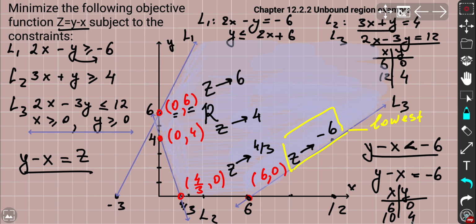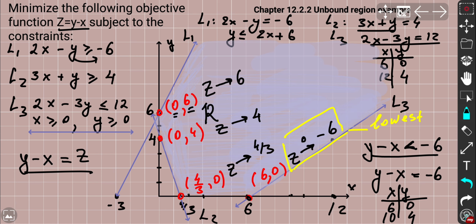Okay, so we've got 2 points. That's the first point, 6 and 0. And when I've got y equals 4, x becomes 10. So where is 10? 10 is here, and 4.